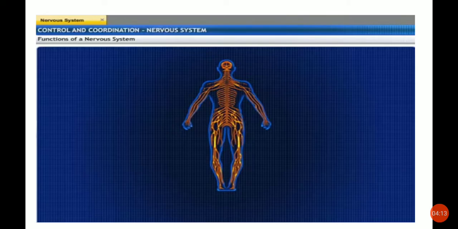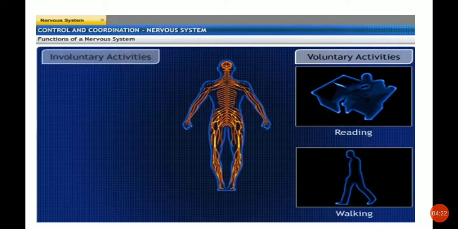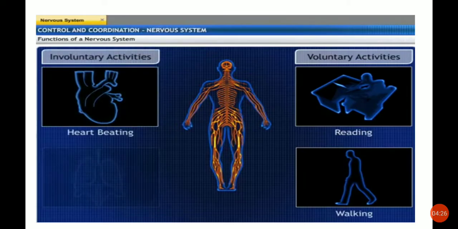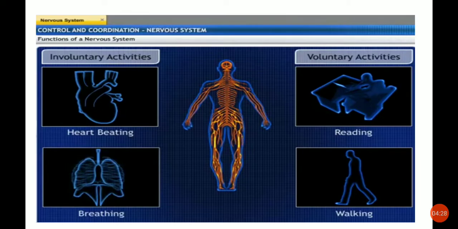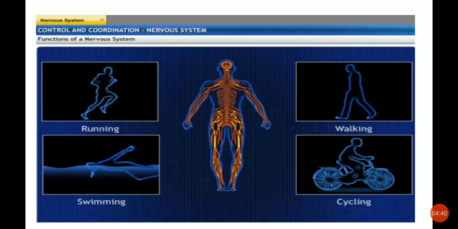Its main function is to control and coordinate voluntary activities like reading and walking, and involuntary activities like our heartbeat and breathing. The brain uses the information it receives from the nerves to control and coordinate all our actions and reactions. Without it, we wouldn't exist.